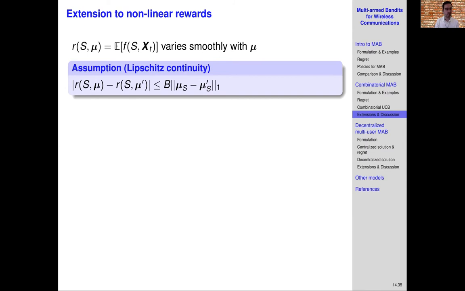For instance, this expected superarm reward can satisfy a Lipschitz continuity assumption, which tells that the difference between the expected rewards of superarm S under realizations mu and mu prime of the base arm parameters is a Lipschitz continuous function of the parameters that correspond to the base arms in S.